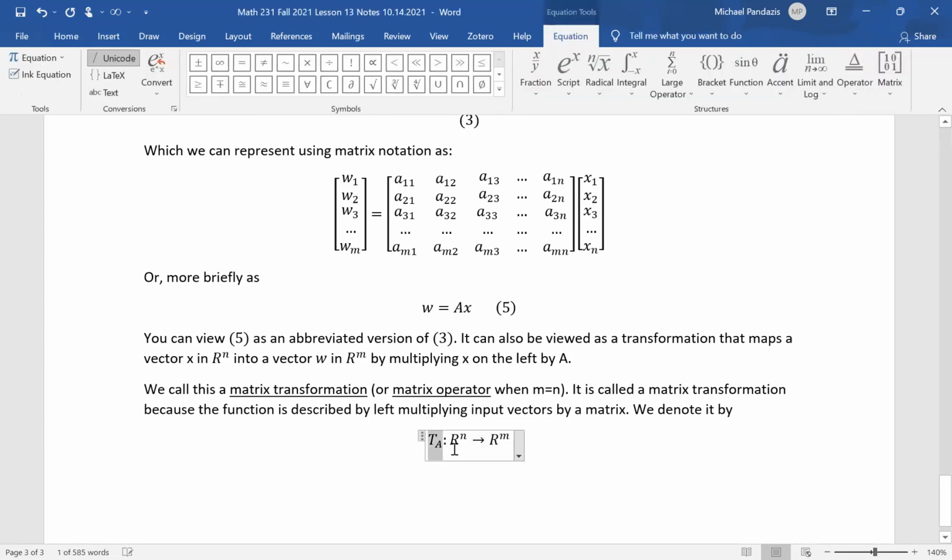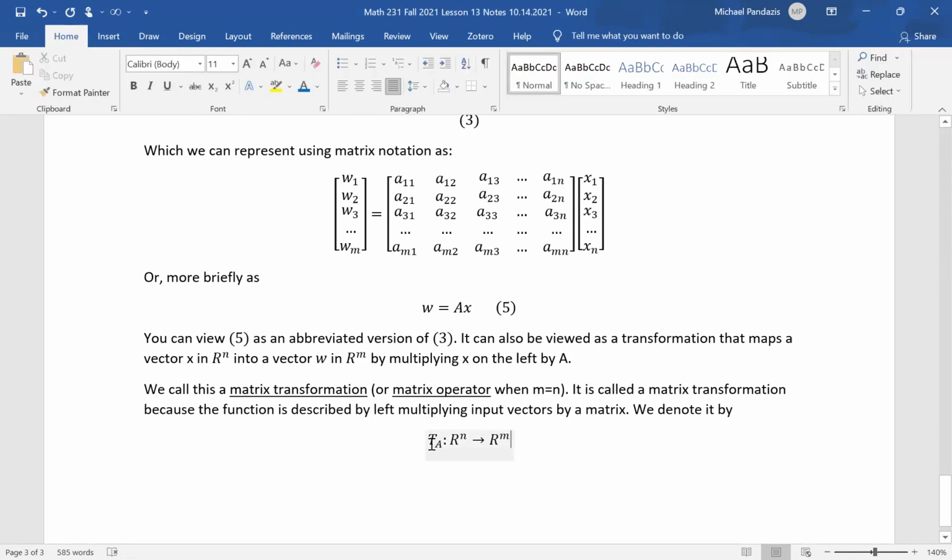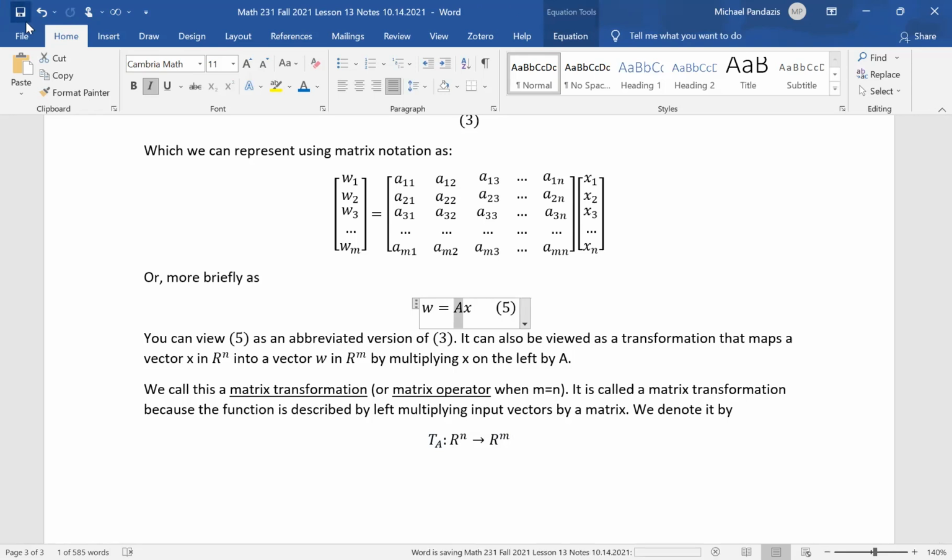T sub A is a matrix transformation that maps vectors in Rn to corresponding vectors in Rm by the rule that you take the vector x in Rn and left multiply it by the matrix A. So the A in the subscript is telling you what matrix you're left multiplying to define this matrix transformation. If I had T sub B here, then the matrix that you left multiply would be B, so there would be a difference between left multiplying by A or B.